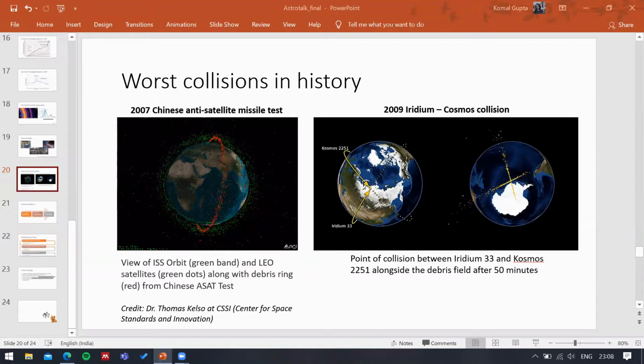So 900,000 pieces of debris that are potentially lethal, and the sheer number is so big that at that point you might as well just shield your spacecraft and hope for the best.